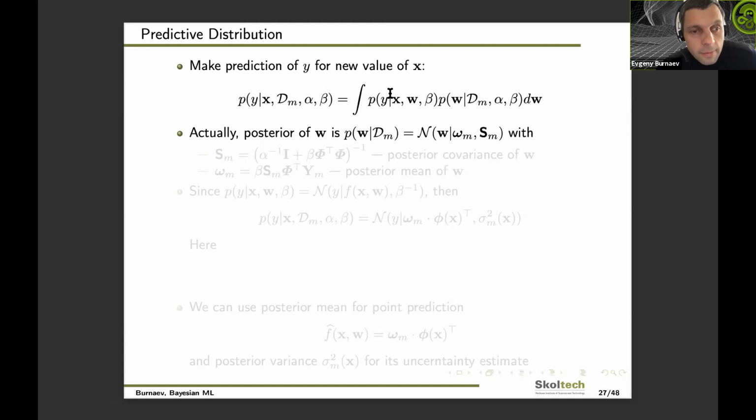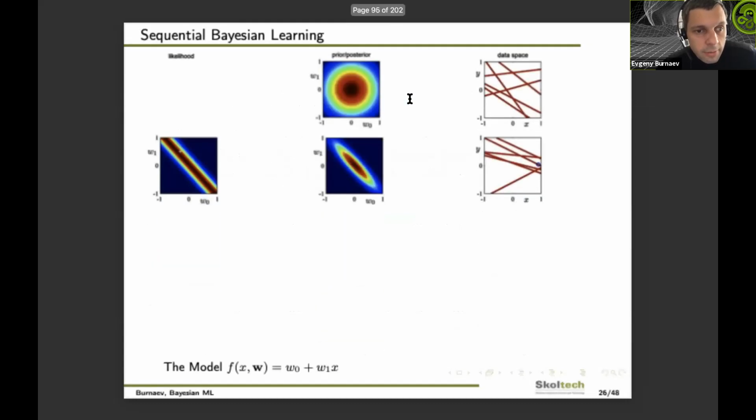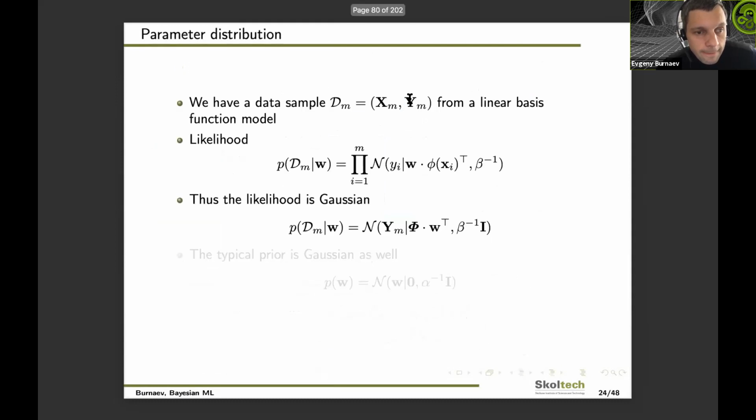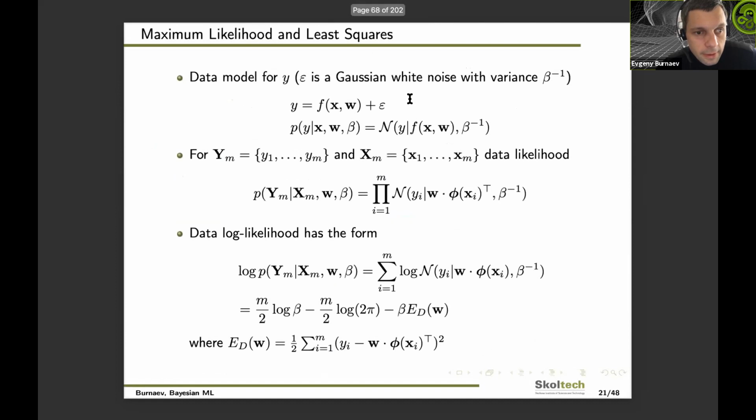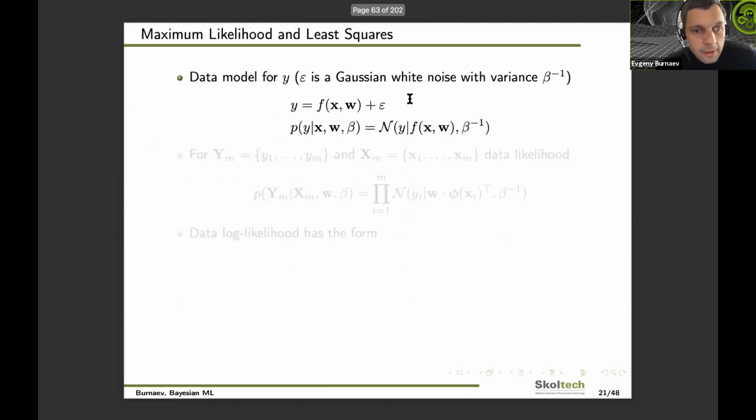So I take the predictive distribution P of y given x and w, and again let me remind you that the predictive distribution of y given x and w is given by the Gaussian distribution with mean value defined by the linear basis function model, and the variance defined by the parameter beta.